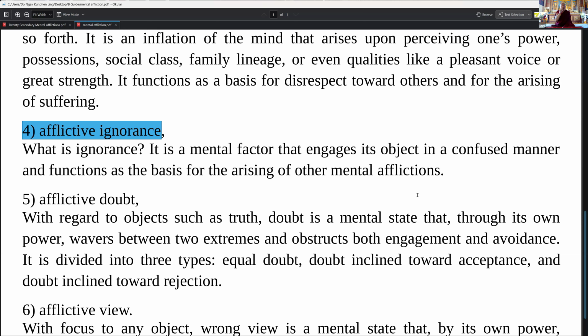Either you lack knowledge, or you lack knowing of reality, or you know it wrongly or mistakenly. Both are ignorance. Ignorance is not just lack of knowledge. Ignorance can be wrong knowing, and understanding mistakenly is also ignorance, right?